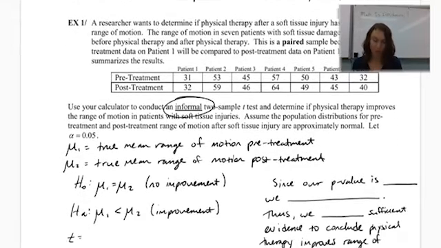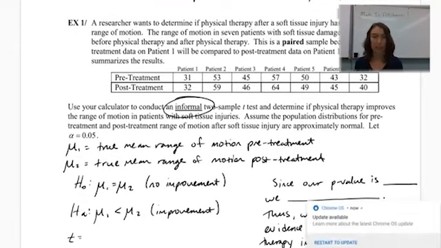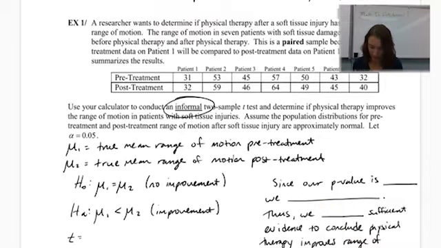Now, we're going to look at this as an incorrect example. Let's use our calculators to conduct an informal two-sample t-test and determine if physical therapy improves the range of motion in patients with soft tissue injuries. Assume the population distributions for pre-treatment and post-treatment range of motion are approximately normal.